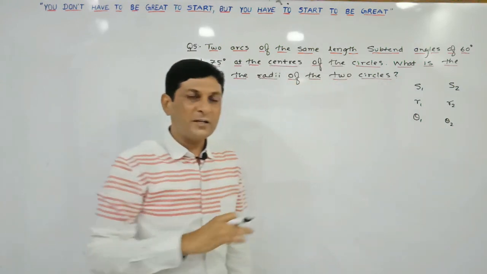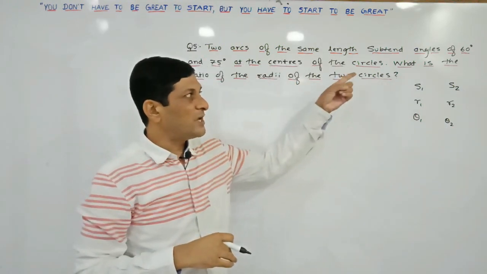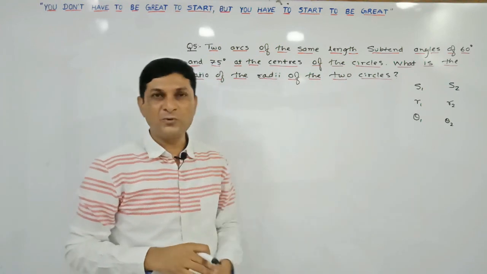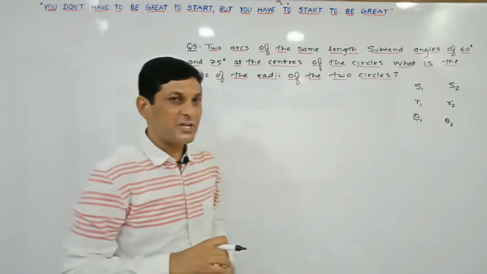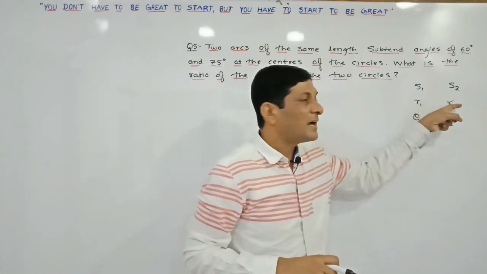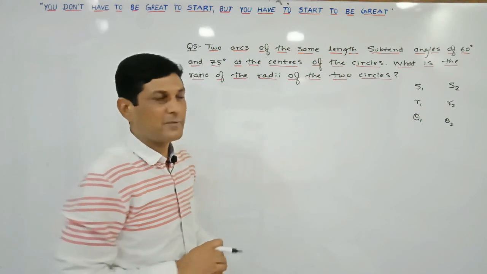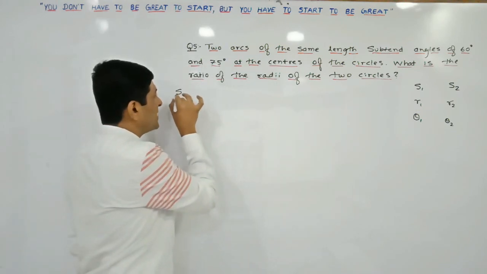And later on, using these given conditions, we have to find out the ratio of the radii of the two circles. Means we have to find out the ratio of radii, R1 upon R2, or R1 is to R2. This is our required value. First write down what we are supposing here.